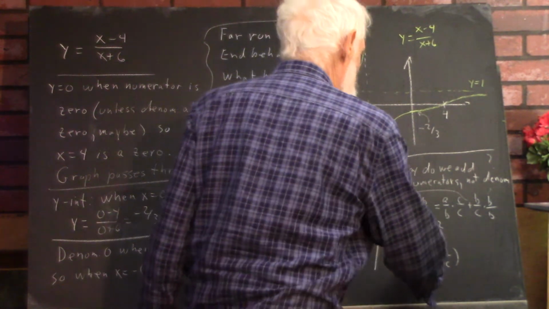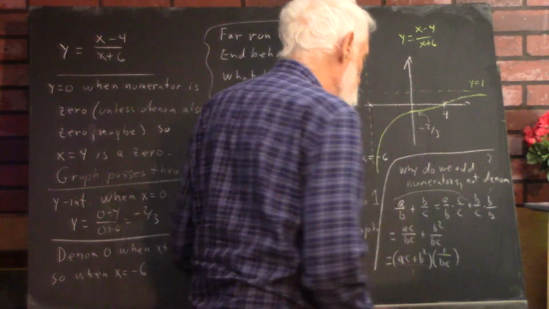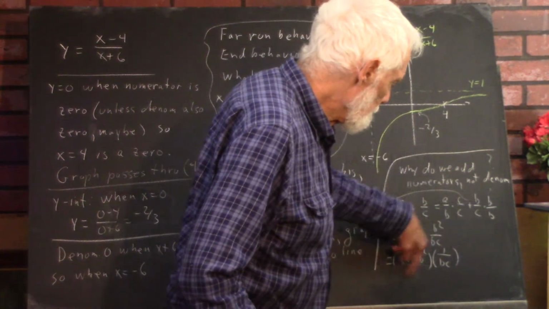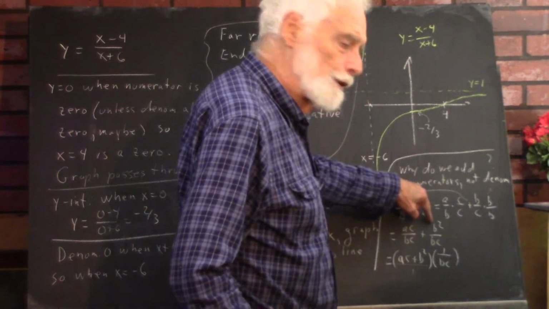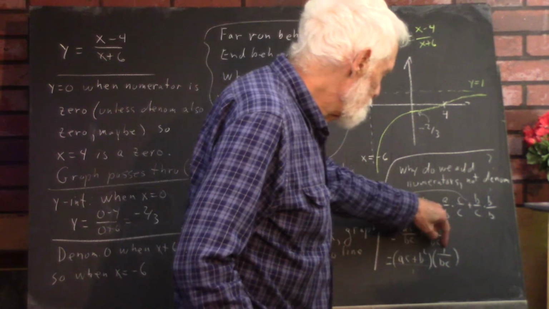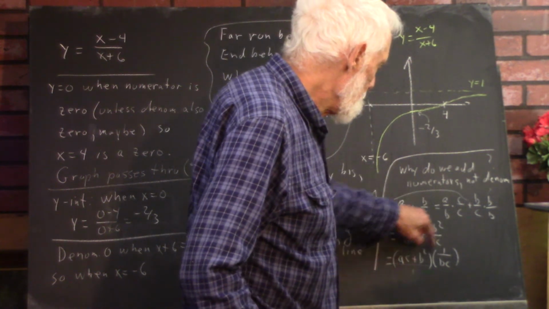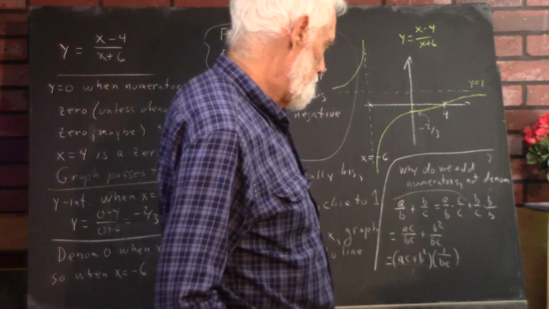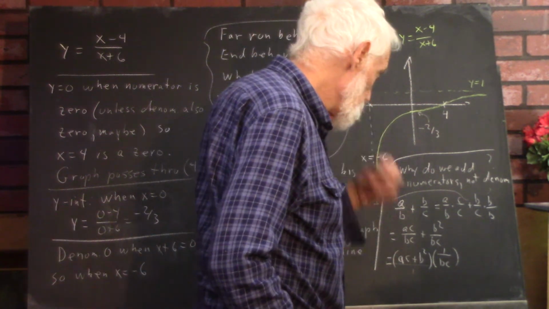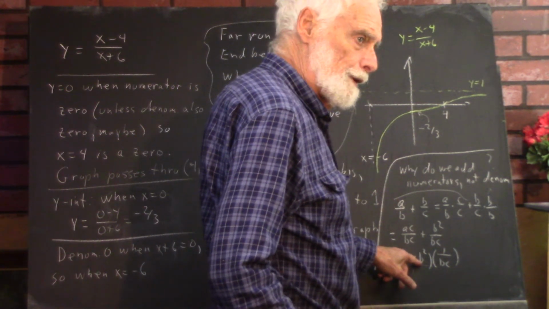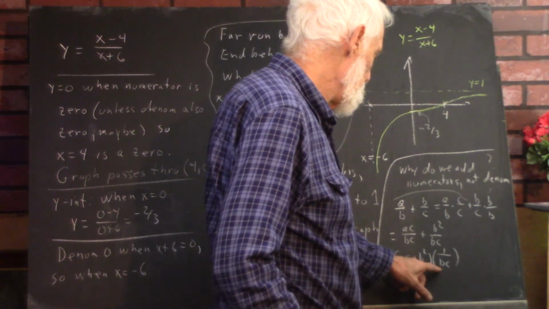Or if you like, you put ac plus b squared over 1 to see that you multiply the numerators and you multiply the denominators. And if you do, this is what you get. You get ac over bc plus b squared over bc by the distributive law. So the distributive law tells you that you add these two, but you only have one bc.